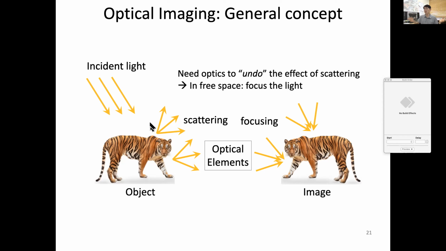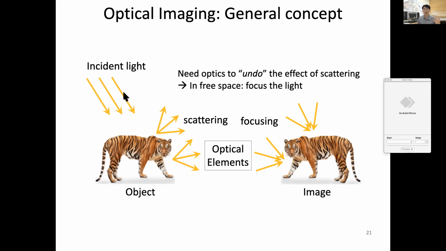If I want to make that into a diagram, let's assume there's a tiger outside, which of course we have to pay attention to. How do we see this tiger on our retina such that we can recognize the tiger, which may be a danger for us if we are in wild space?